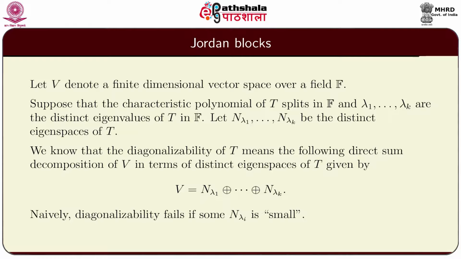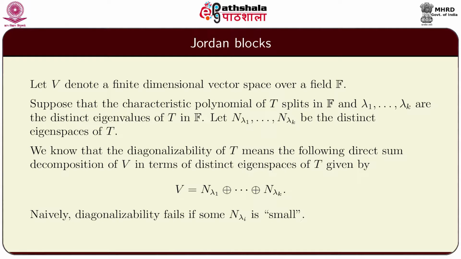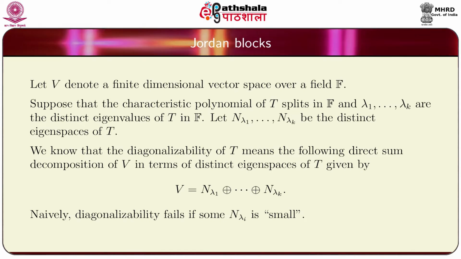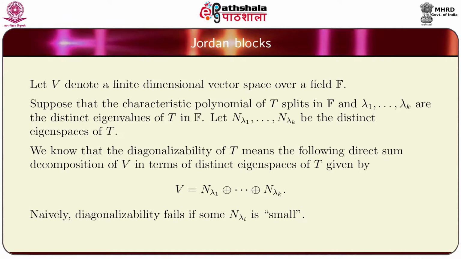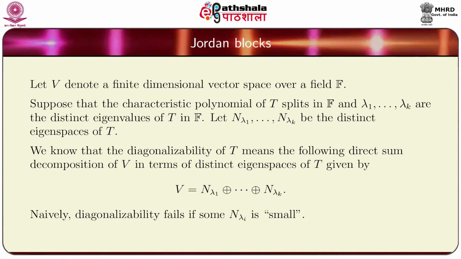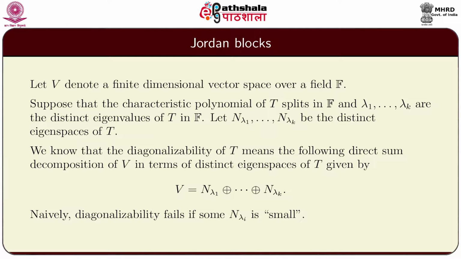Let V denote a finite dimensional vector space over a field F. Suppose that T is a linear operator on V and that the characteristic polynomial of T splits in the base field F. That means the eigenvalues of T are in F. Let lambda 1, lambda 2 and so on lambda k be the distinct eigenvalues of T. Let us recall that E lambda 1, E lambda 2, etc. up to E lambda k denote the eigenspaces of T corresponding to the eigenvalues lambda 1, lambda 2 and so on lambda k.